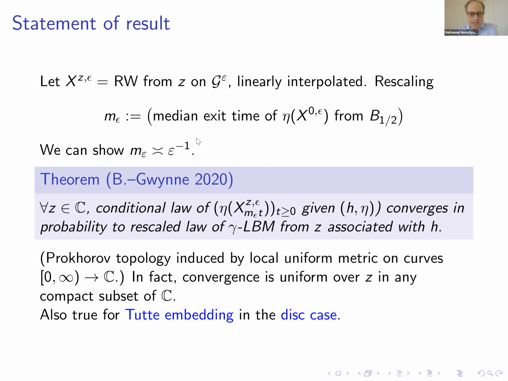This is such that, by definition, the median time for this random walk to leave a macroscopic region, for simplicity the ball of radius half around the origin (it could be something else, it doesn't matter), will be of order 1.